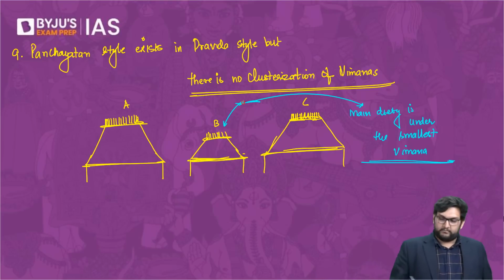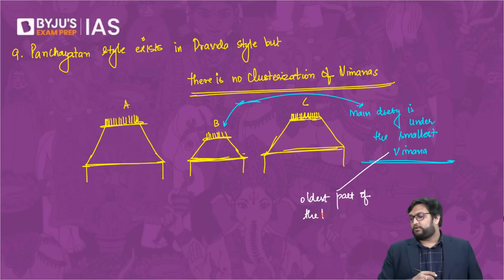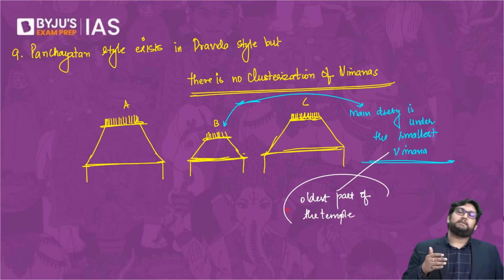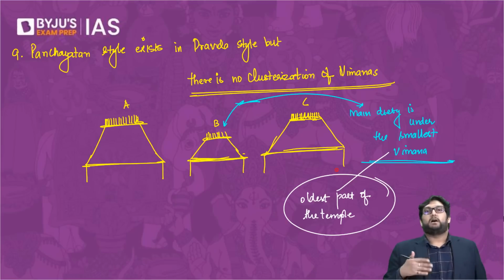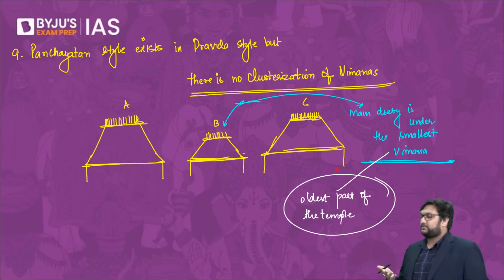See, it is because it is the oldest part of the temple. It will generally be early stages, and later the temple will gain a lot of money, so it will start to make bigger and bigger structures.